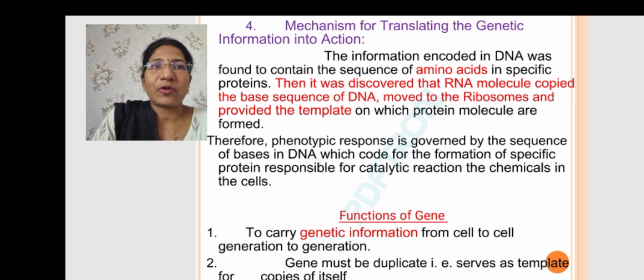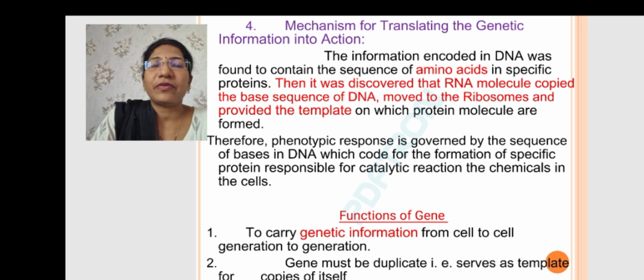This genetic information encoded in DNA was found to contain a sequence of amino acids in specific proteins. Then it was discovered that an RNA molecule copies the base sequence of a DNA, which can move to the ribosome and provide the template on which protein molecules are formed.